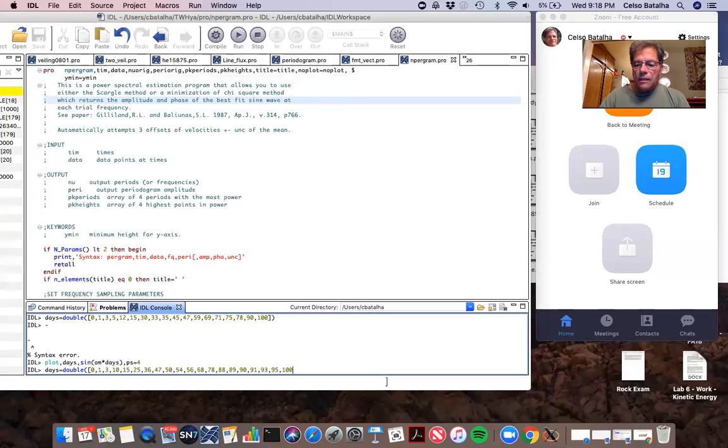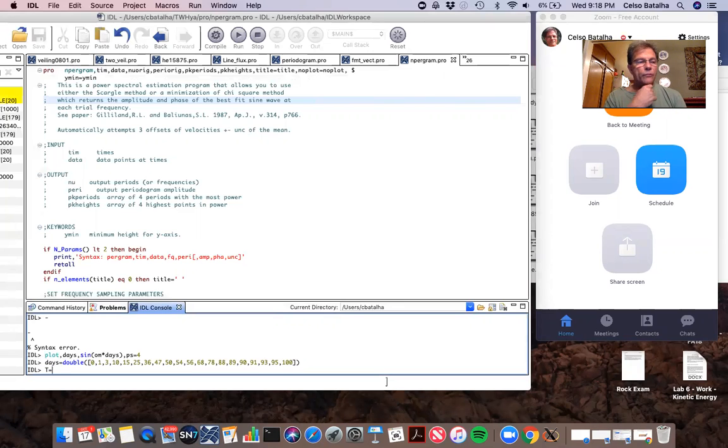So those are the days that I hypothetically observe this fine star. So let's come up with a period. Period is, I don't know, 3 days. Let's say the periodicity is 3 days.